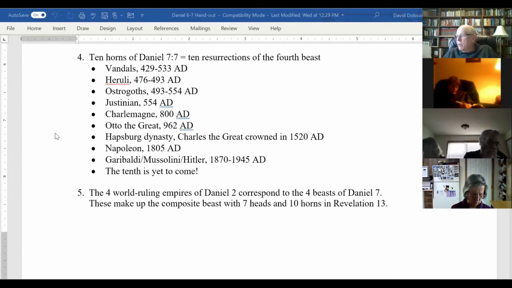And I watched till thrones were put in place, and the Ancient of Days were seated. Now, I would like to point out, the King James also says the Ancient of Days. We might tend to think God the Father, but hold on. The Jewish Tanakh translation renders that as one of the Ancient of Days.